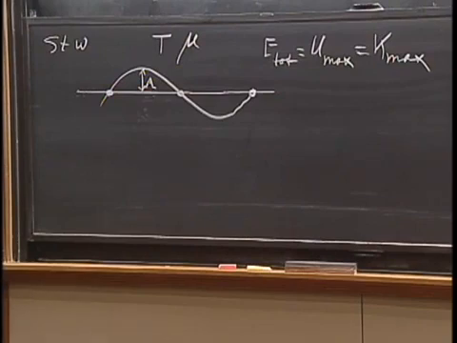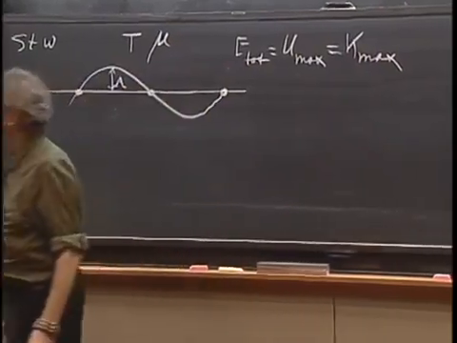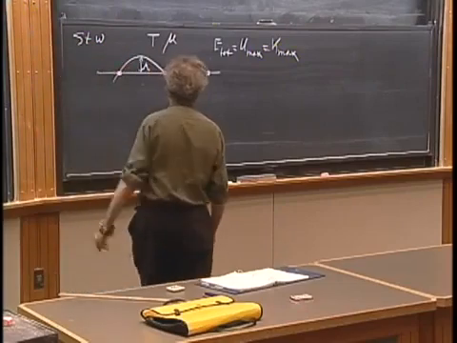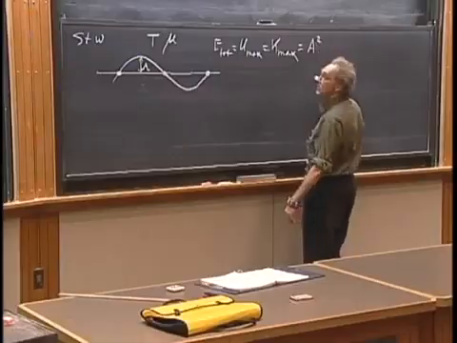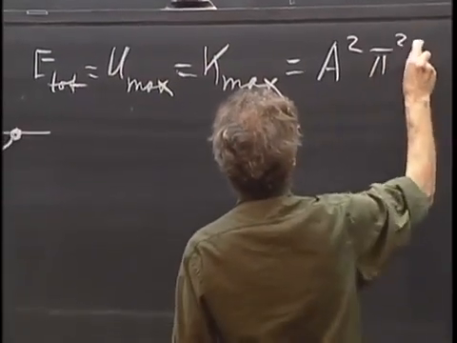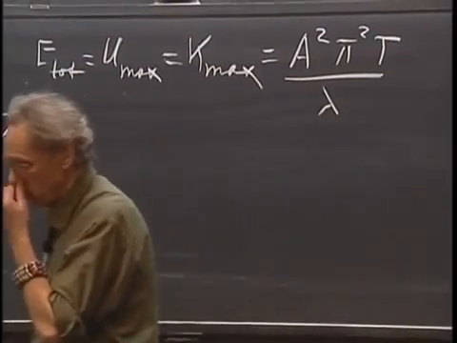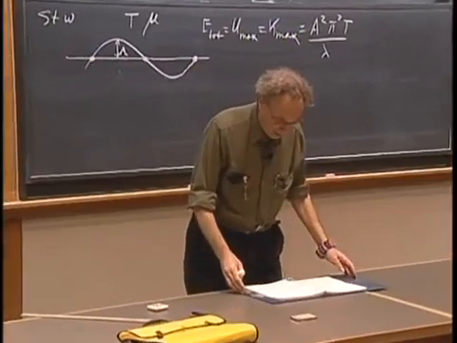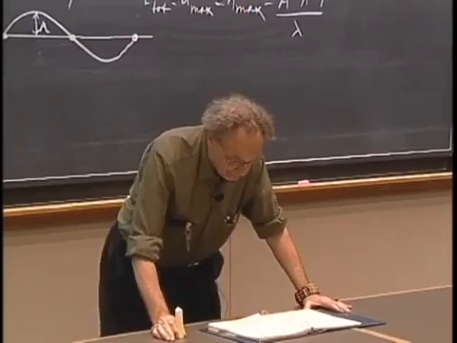That is then the maximum kinetic energy that you can have. So E total is U max is K max. And so we already know what U is. So all we have to say now is that that is the same as A squared times pi squared times T divided by lambda. And so you see a traveling wave with the same amplitude as a standing wave. A traveling wave has twice as much energy per wavelength.